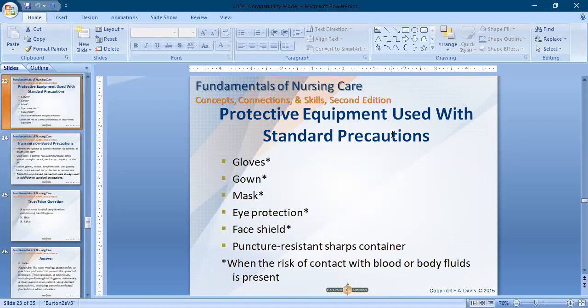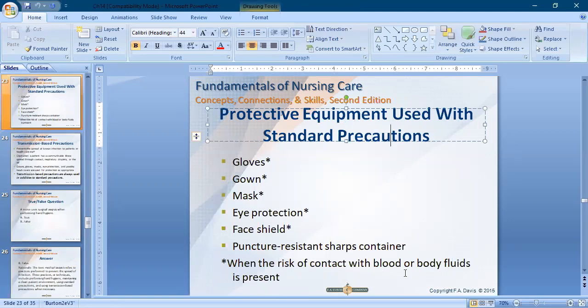Basically, gloves, gown, mask, eye protection, face shield. When there is a risk of contact with blood and body fluid, we must wear this.